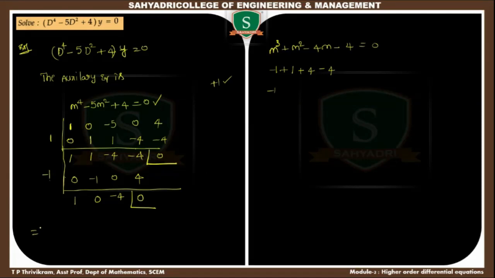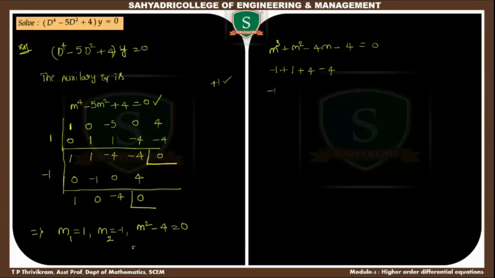So what are the roots? m equal to 1, m equal to minus 1. Next write this in terms of a quadratic equation. So m square plus 0 m minus 4 equal to 0. This is m1, this is m2, and m3 and m4 we will get by this.